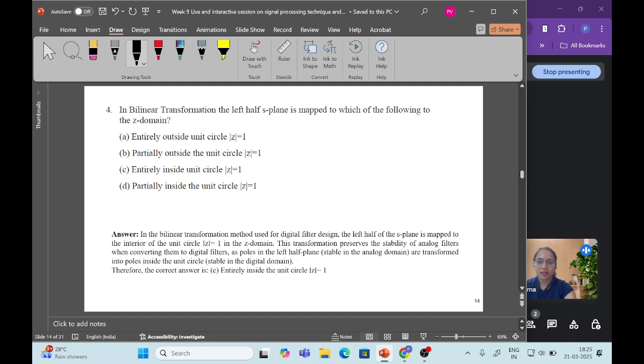So this is the S domain, with j omega and sigma axes, and this one is the Z domain, where mod Z is equal to 1.